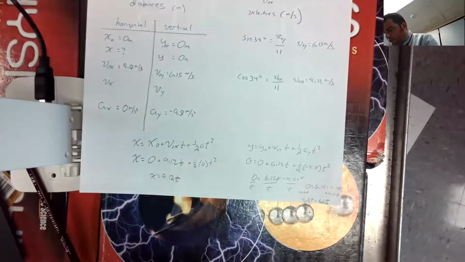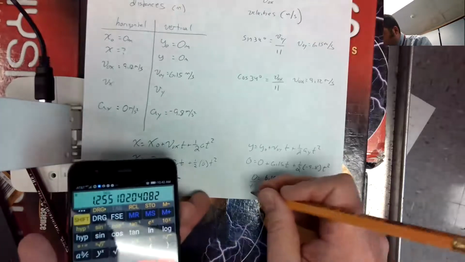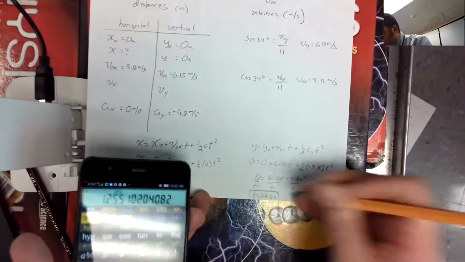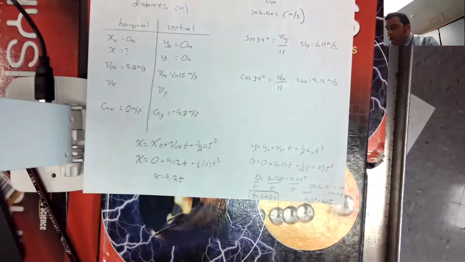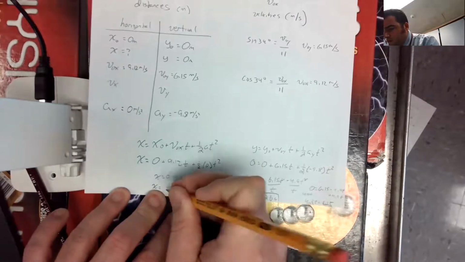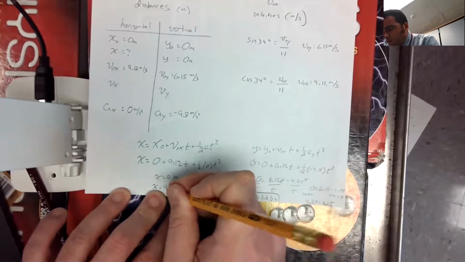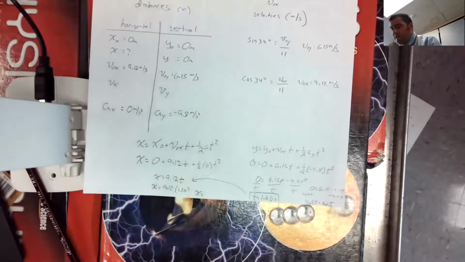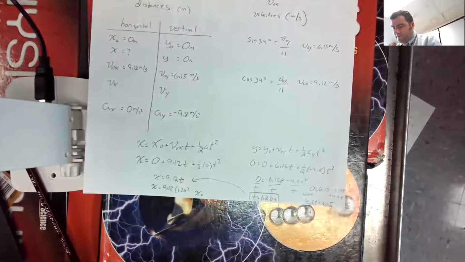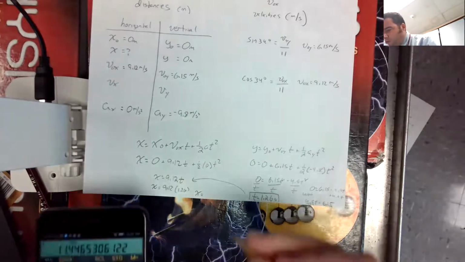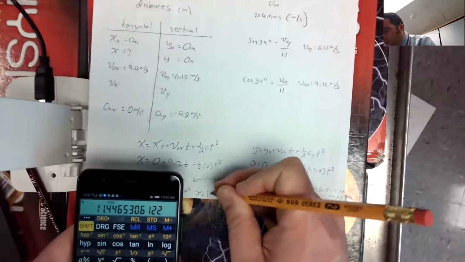All right, 6.15 divided by 4.9, I get t is equal to 1.26 seconds. So now that can just be plugged in over here. So the distance the softball player is standing is 11.45 meters.